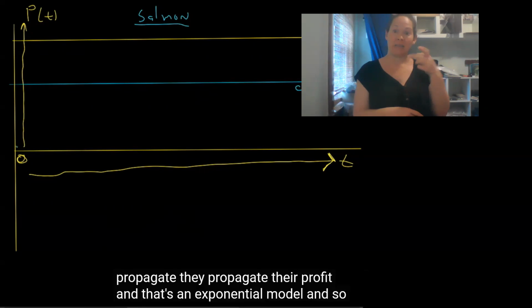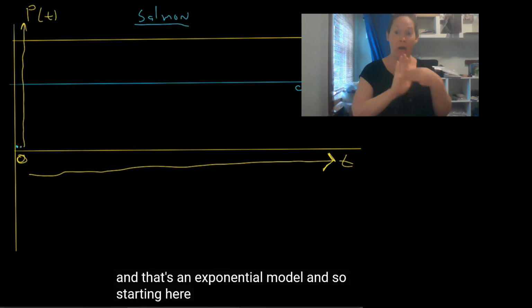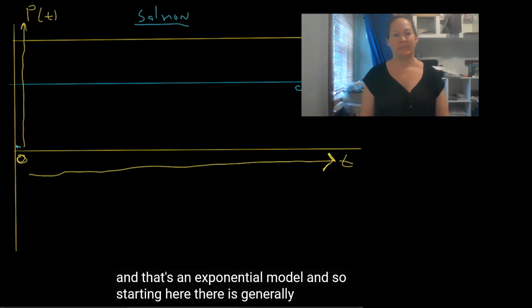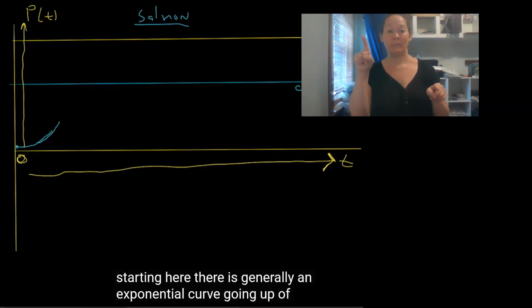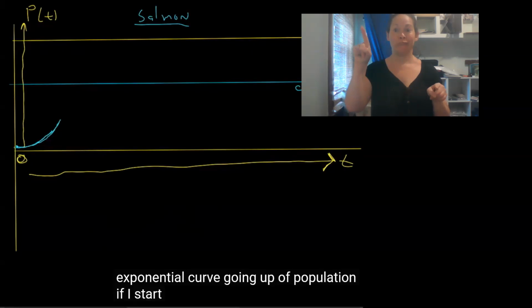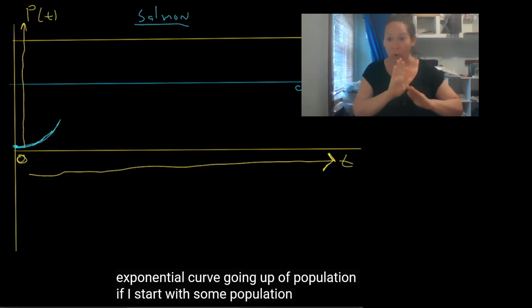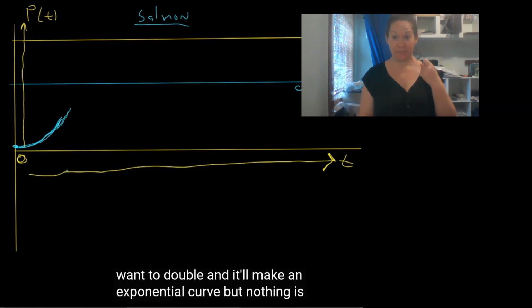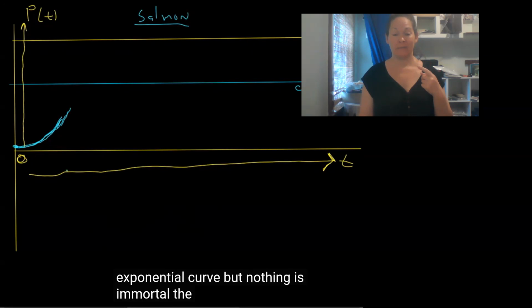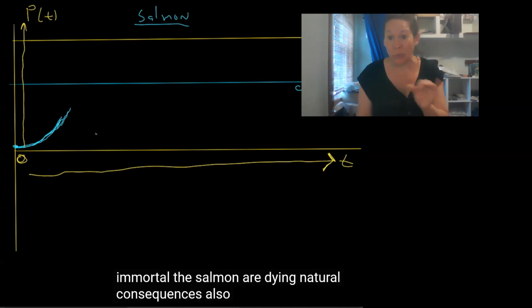And so starting here, there's generally an exponential curve going up of population. If I start with some population, it will want to double and it'll make an exponential curve. But nothing is immortal. The salmon are dying, natural consequences.